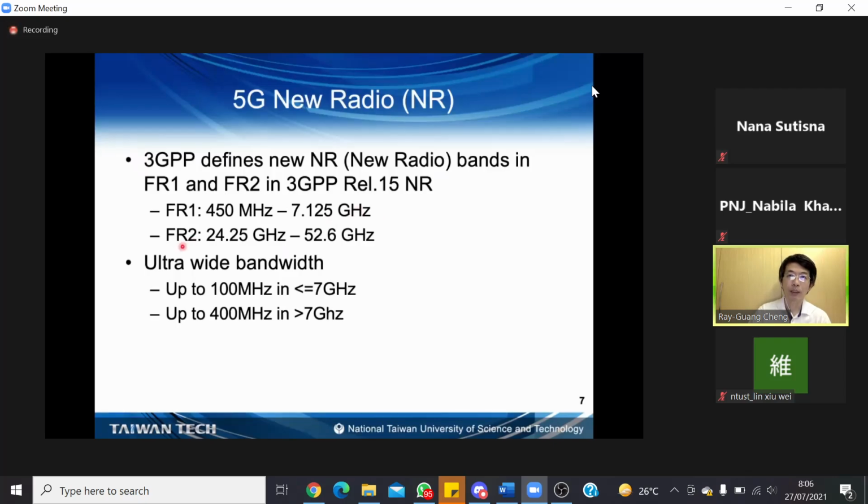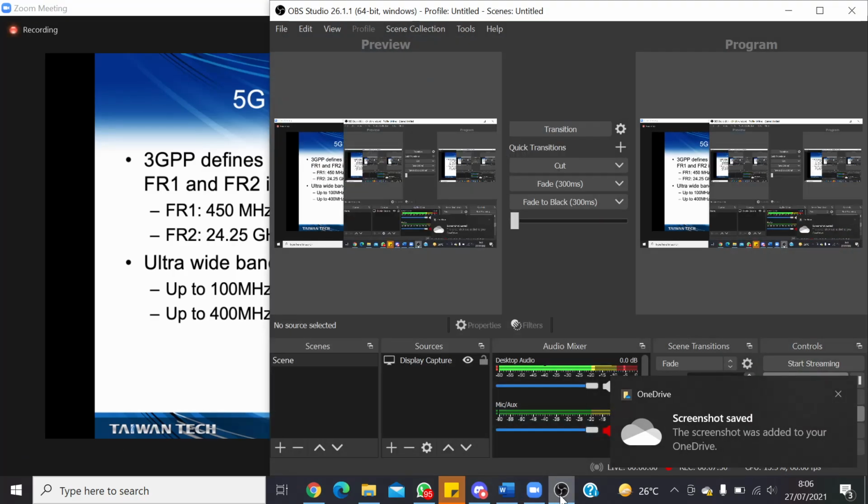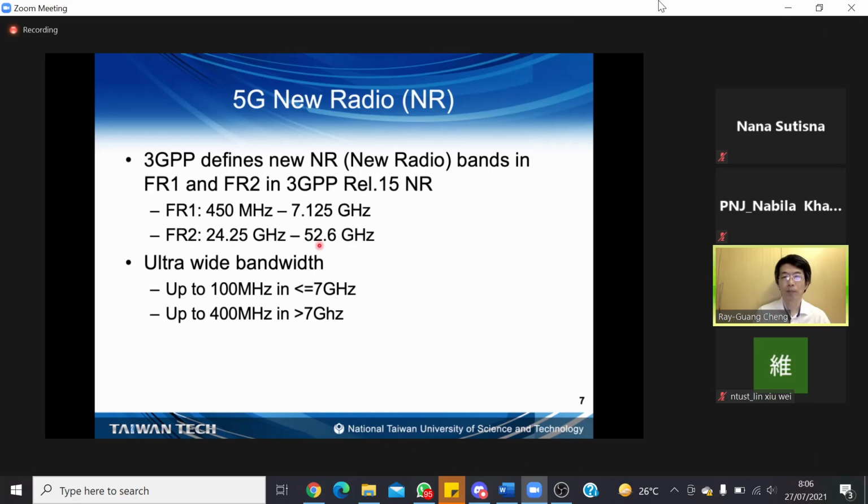The second one is the FR2. FR2 is about 24 gigahertz to 52.6 gigahertz. In this frequency band, they can offer much more bandwidth. So this is also referred to as the millimeter wave band.